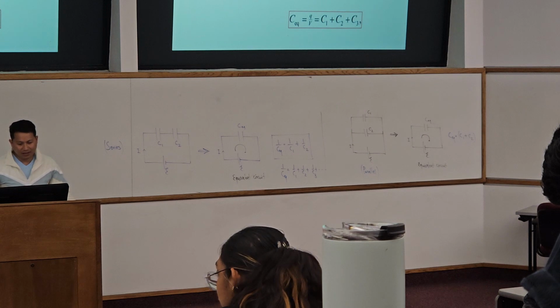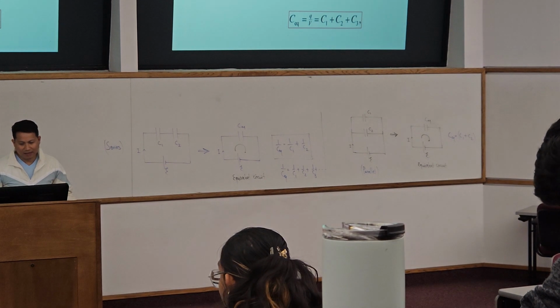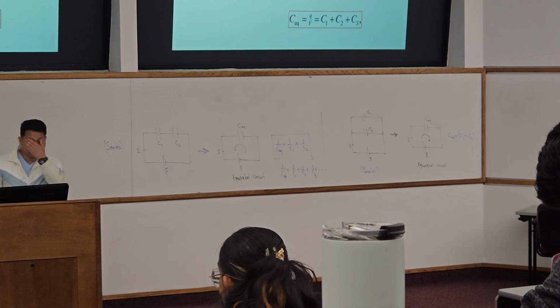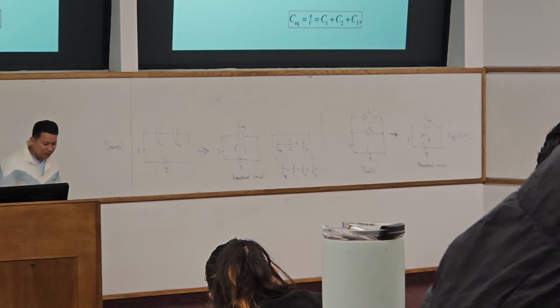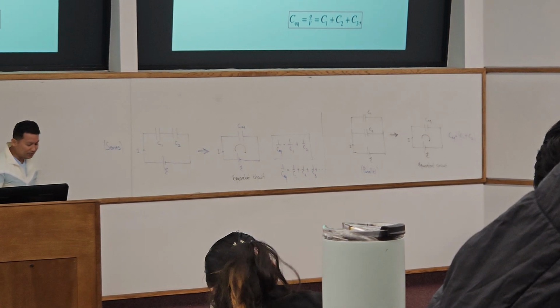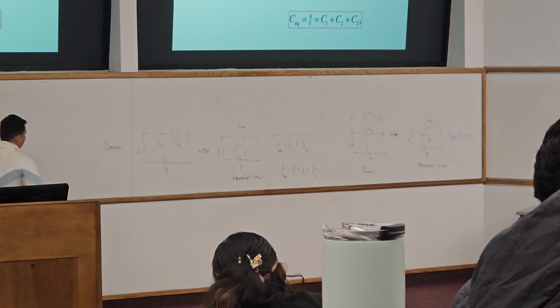So one of the things that I want to point out over here: having the capacitors in series and in parallel, they have some different properties, and I want to write them down over here. Those are going to be in your true and false multiple choice questions.